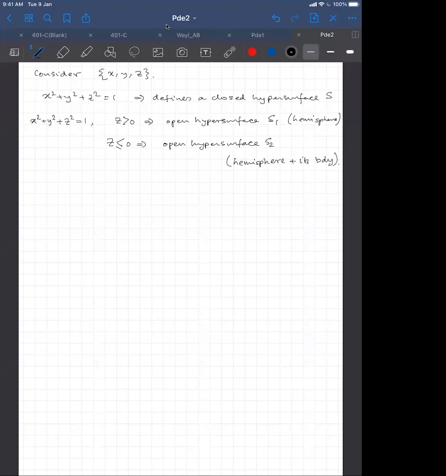So if you were to provide y on S equal to 0, this is going to constitute a Dirichlet boundary condition on the closed hypersurface.